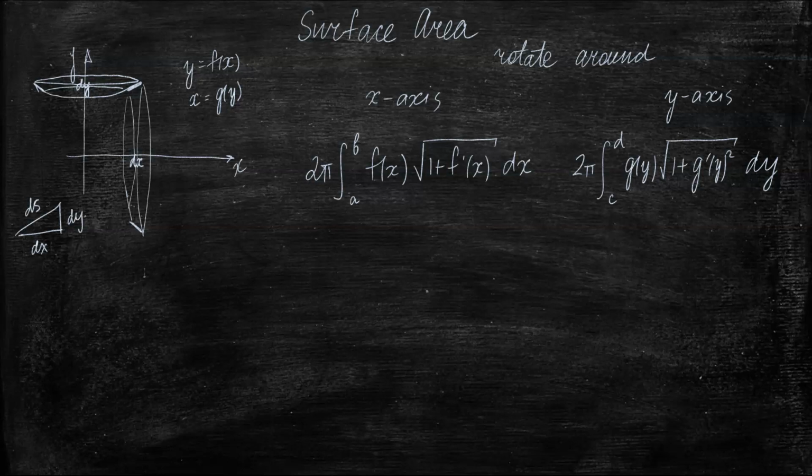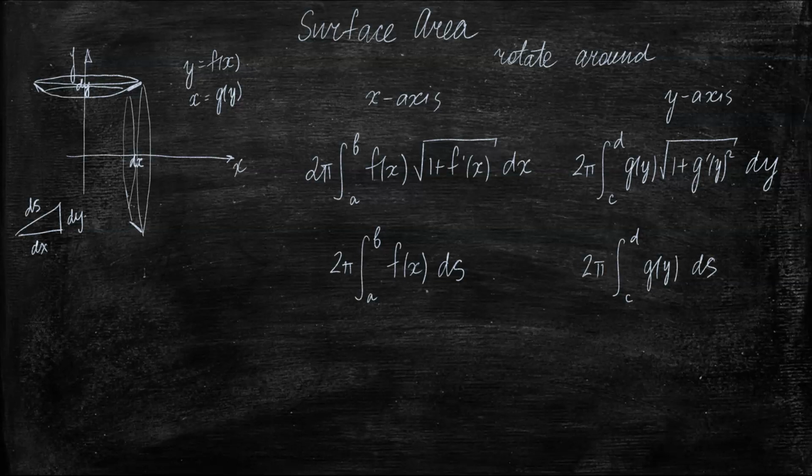And if we try to do that again here, what we would notice is that the formula can be written in simpler terms. We can replace that whole radical dx thing with simply ds. And the same will work on the right as well. We can replace that whole radical dy thing also with ds.